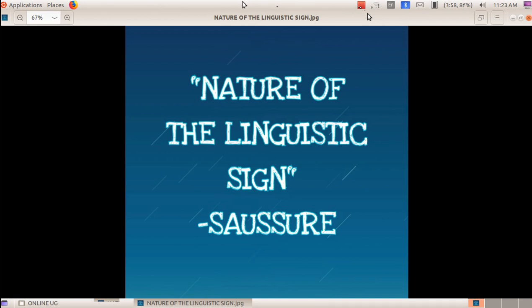Latecomers, please note down: we are going to deal with the essay, Nature of the Linguistic Sign, and it is connected with the movement called structuralism. We have structuralism, post-structuralism, modernism, postmodernism, and different features already discussed. Hope you remember. Still I tell you, structuralism as a theory.